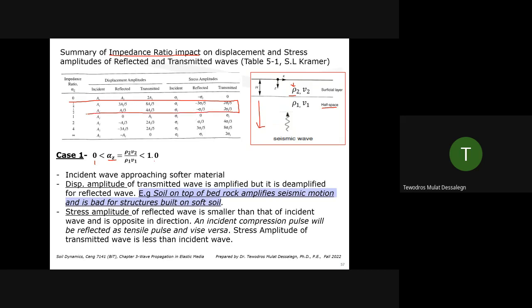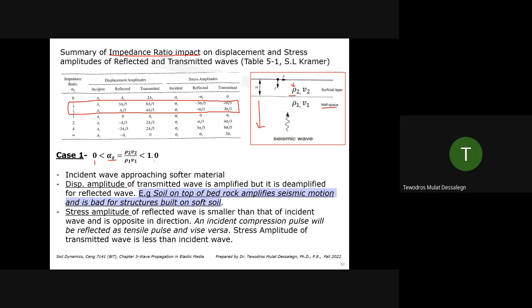I hope you can see it. You see this table. I took this table from Table 5.1 of reference 1, the S. L. Kramer book. I want to make sure you understand what it means. If you have an impedance ratio between 0 and 1, it can be 1/4, it can be a half, it can be any number. These two are taken for example.